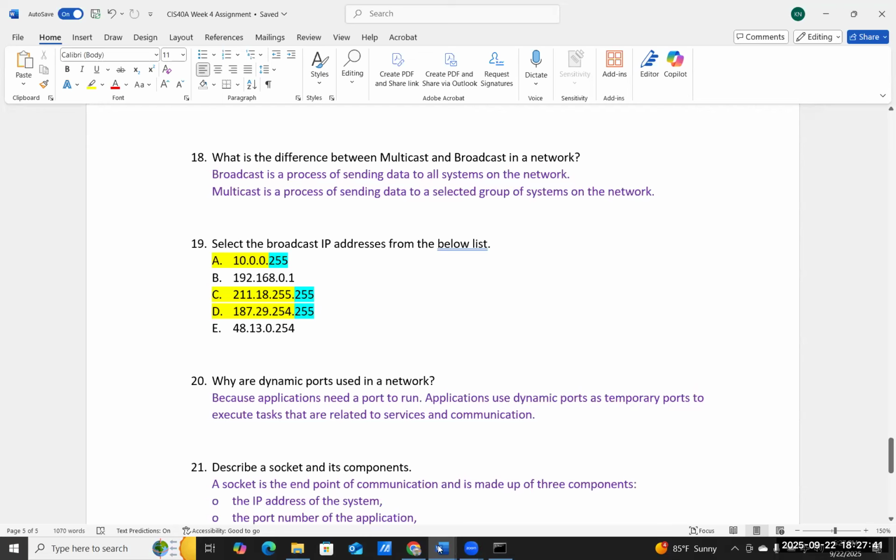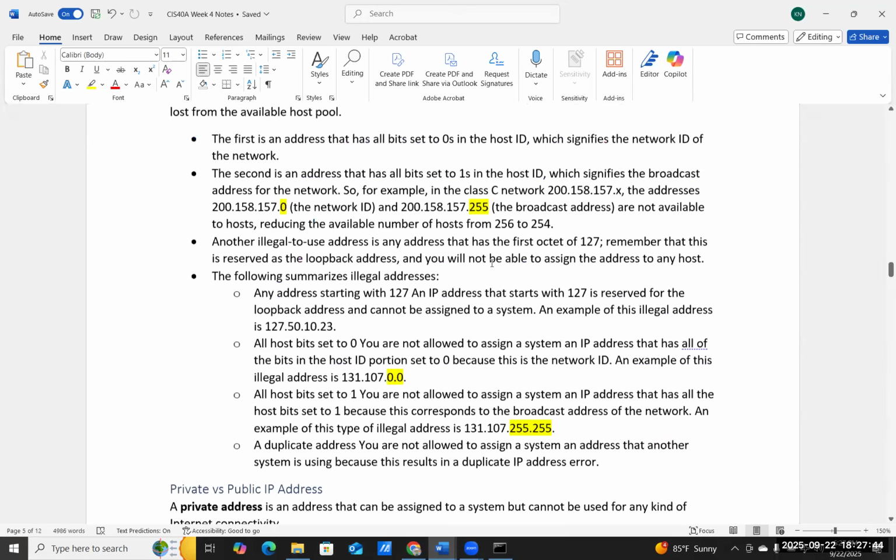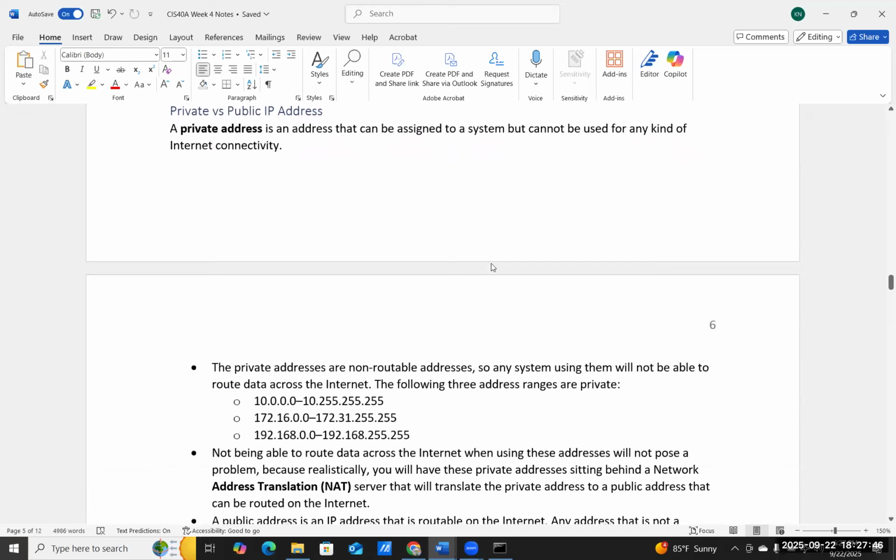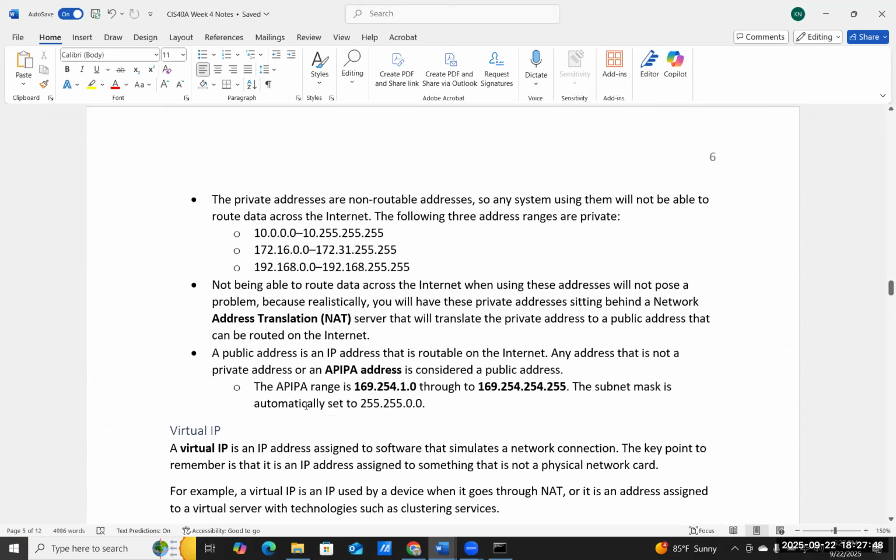Okay, so how can I find this information? After you get through the private and the public IP address and NAT, and I touched on APIPA earlier. This is an address that you get when you install an OS, right off the bat, when your system has not been connected to any network.